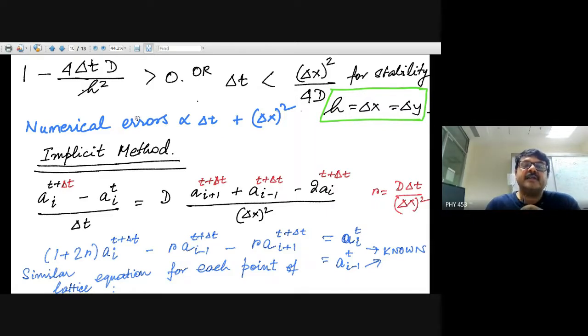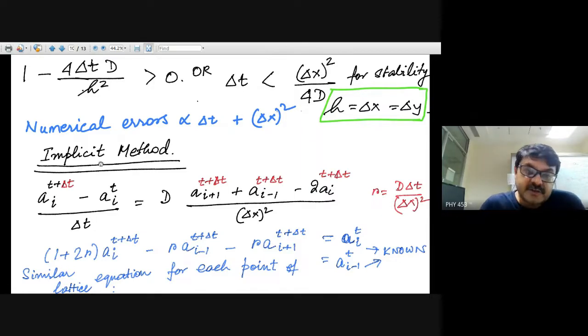The numerical errors go as proportional to delta t and proportional to delta x whole square, because it's a second order term in delta x. So as I said, this is called the explicit method of the finite differences method. It is only stable provided this condition is satisfied.